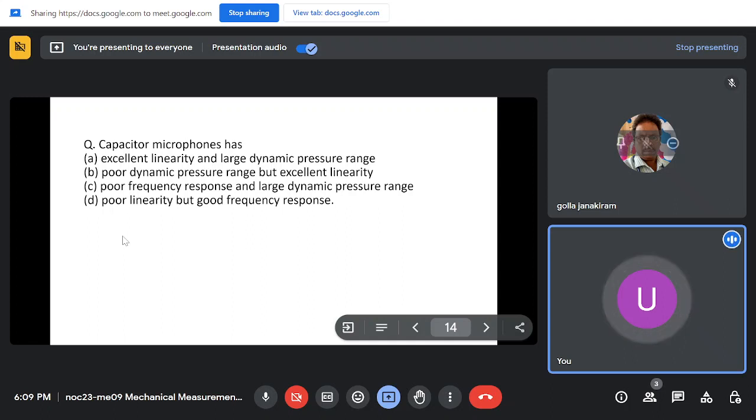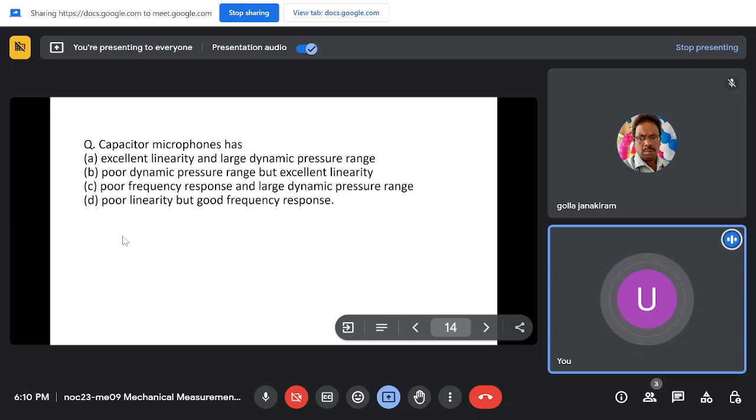Next, capacitor microphones: A, excellent linearity and large dynamic pressure range.